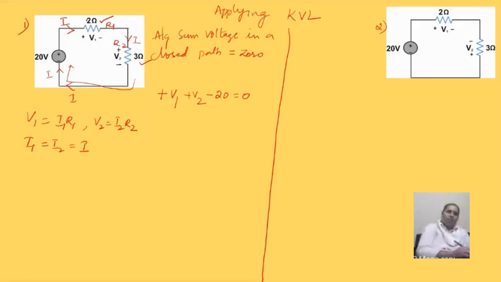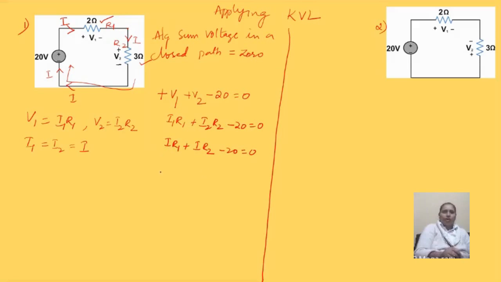So the equation is I1 R1 plus I2 R2 minus 20 equal to 0. As these are the same, I into R1 plus I into R2 minus 20 equal to 0.